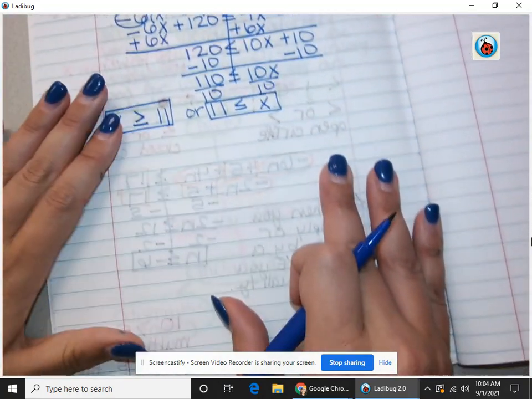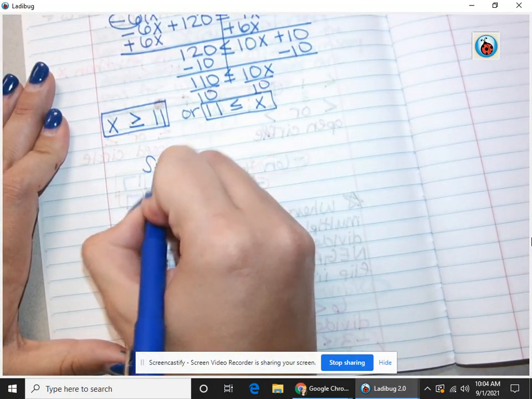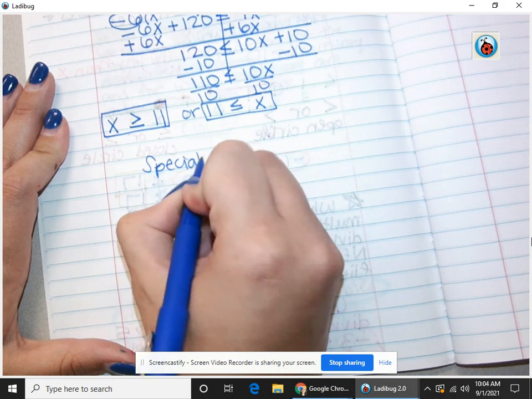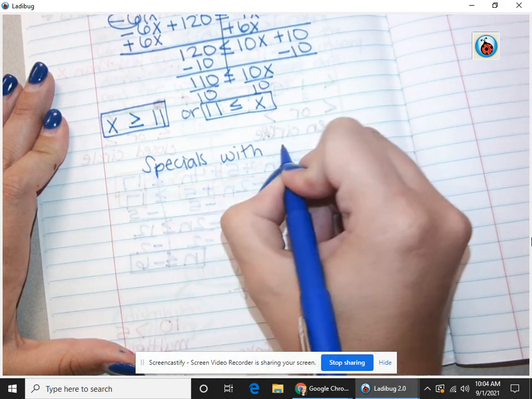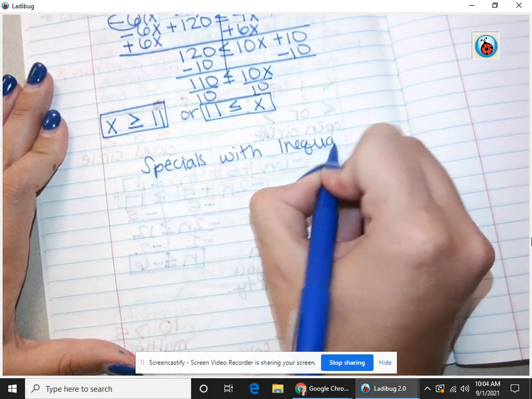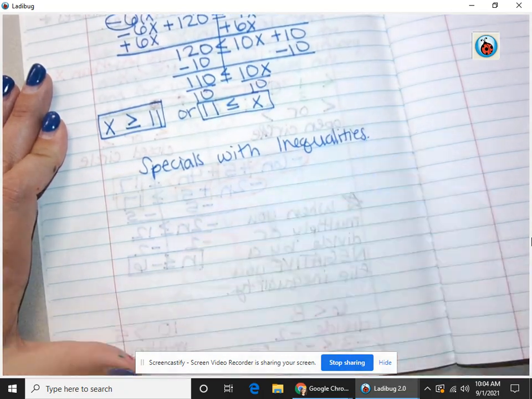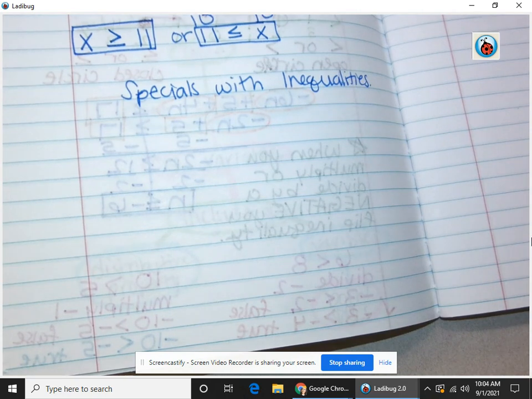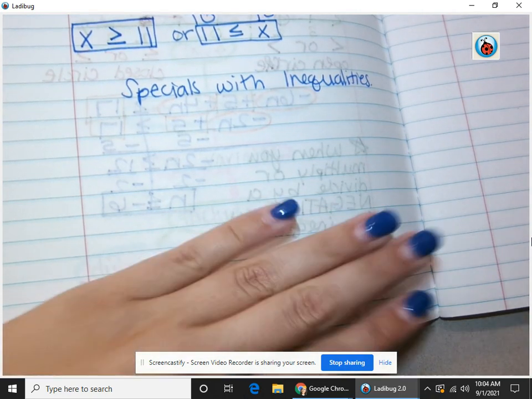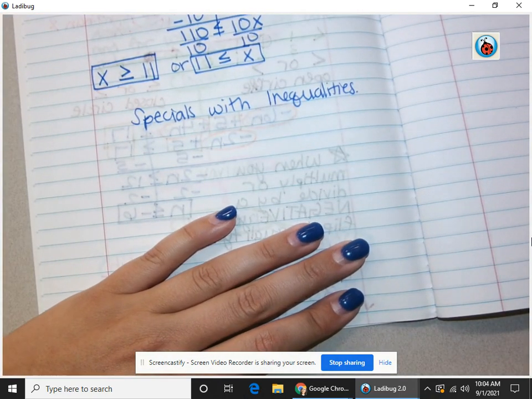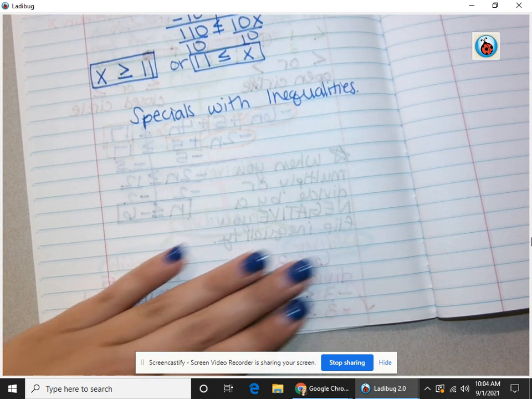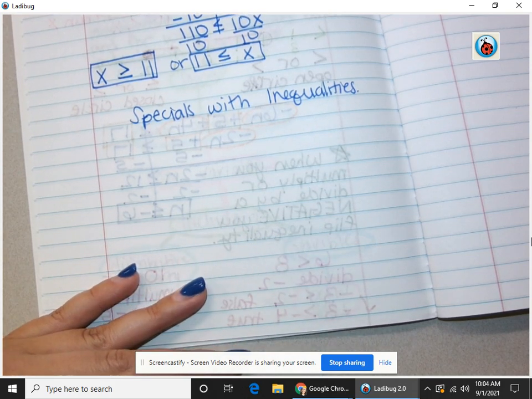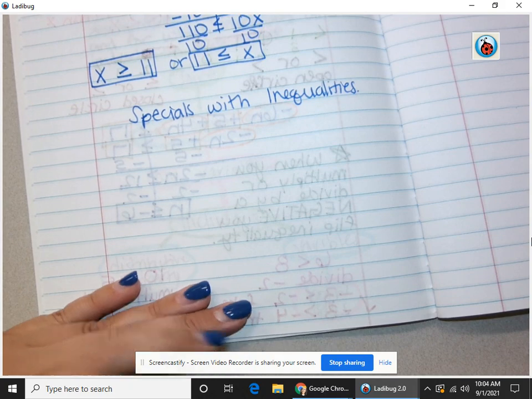Okay, last thing, we've got specials with inequalities. We went over this when we talked about regular equations, okay? So, I just wanted to touch on this to make sure that we remembered.